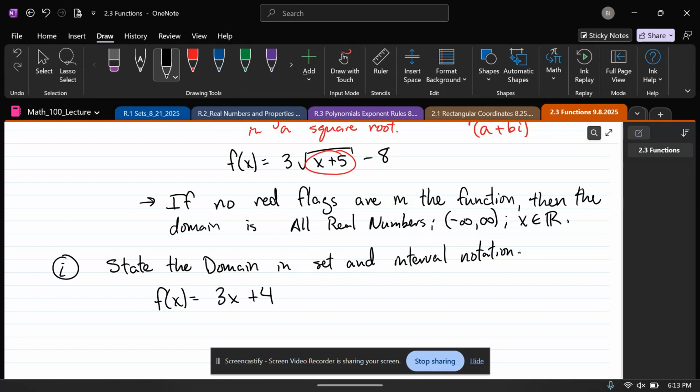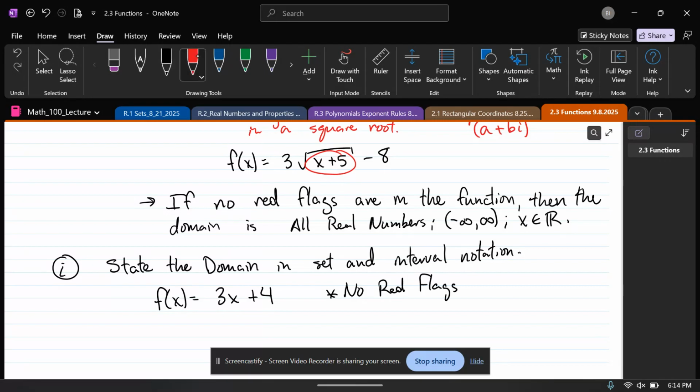Very, very plain Jane problem. But when I look at that, if I'm looking for domain, I'm looking for the red flags. Is there a fraction with an x in the bottom? Is there a square root with an x inside? None of that's happening. So that tells me no red flags. So in my mind, I'm saying no red flags.